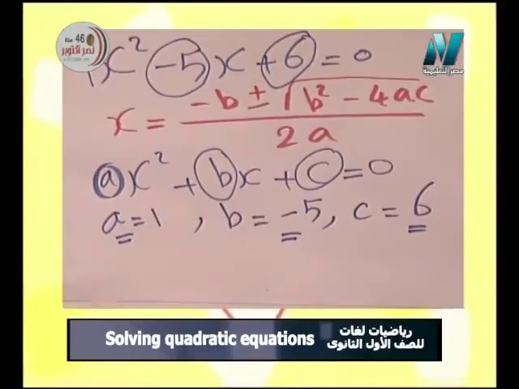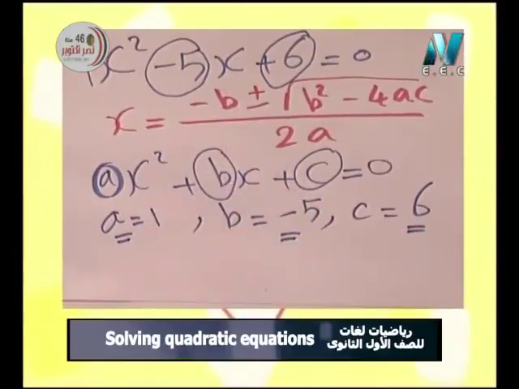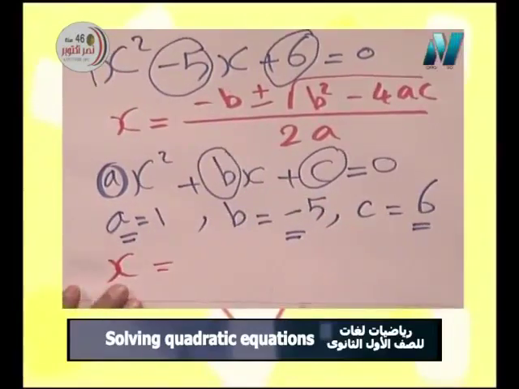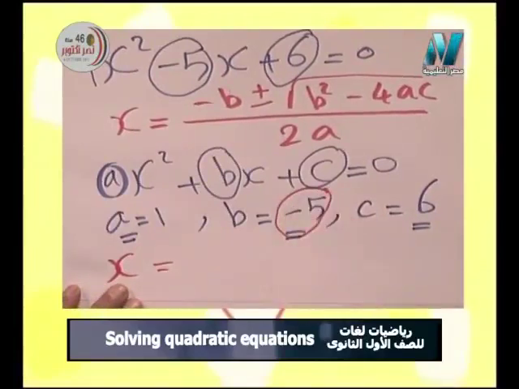Okay, we will substitute in this formula for x. x equals negative b. Negative b means that we have to convert the negative to positive, because negative multiplied by negative equals positive. So negative times negative 5 equals positive 5.